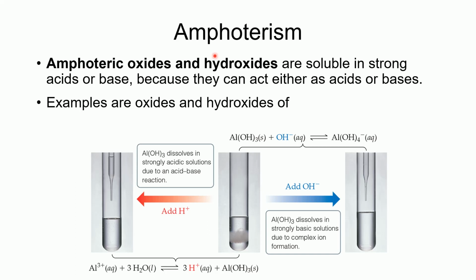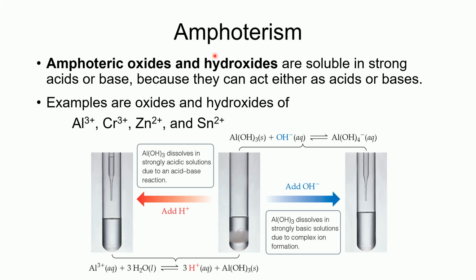Now, some examples of substances that act as amphoteric are going to be oxides and hydroxides of aluminum, chromium, zinc, tin. There's a few others. Most often, you'll find these showing up near the middle of the periodic table.